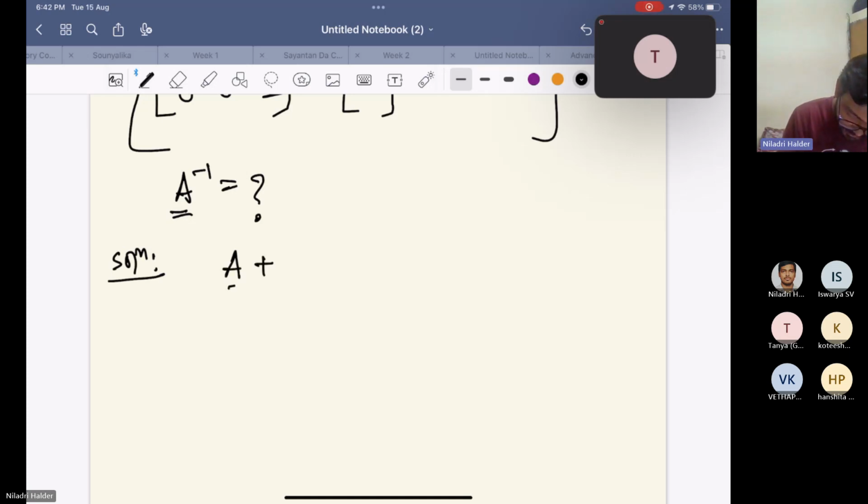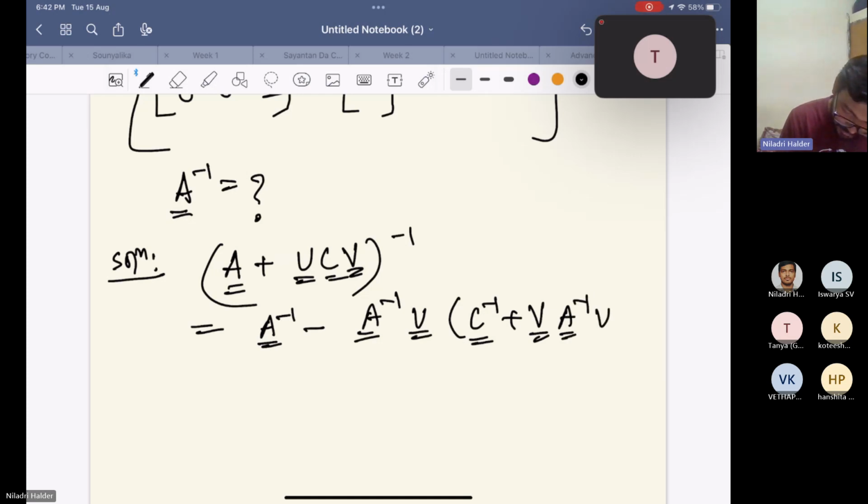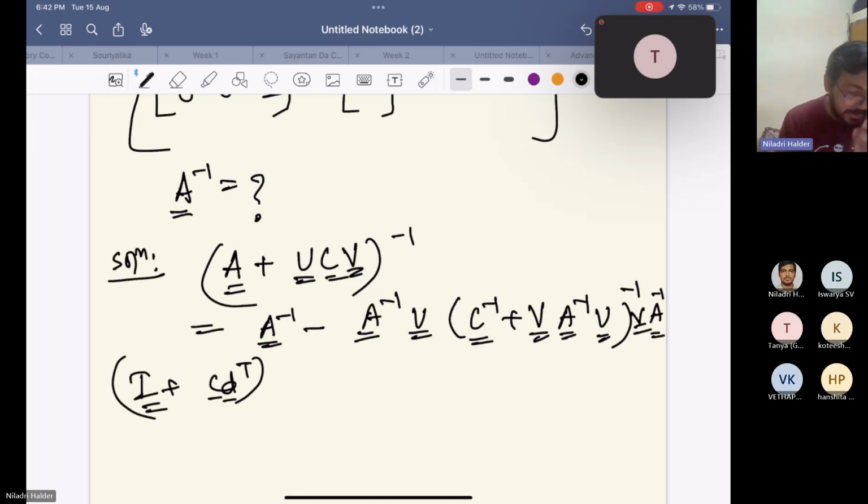Suppose A is a matrix, then (A plus U C V) inverse is equal to A inverse minus A inverse U (C inverse plus V A inverse U) inverse V A inverse. And if you put it properly, then we can also write I plus C D transpose, where C and D are two vectors.